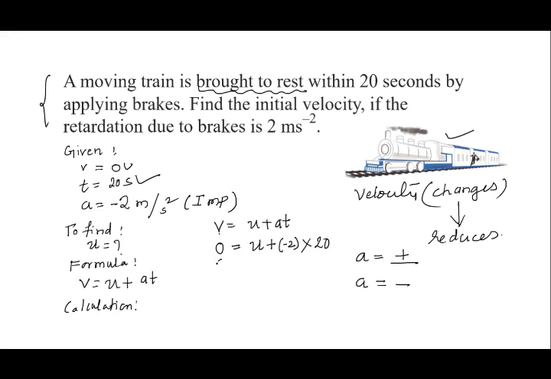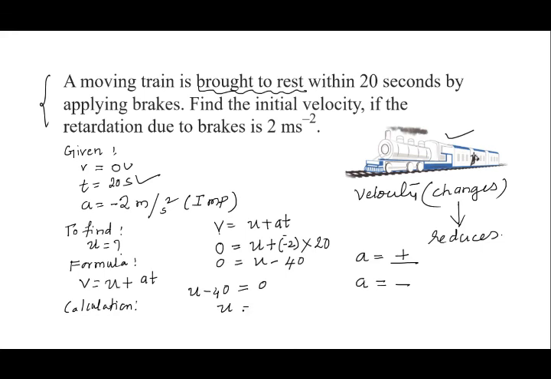So 0 is equal to u plus into minus, which becomes minus 40, since 20 into 2 is 40. Now I'll write u minus 40 is equal to 0.